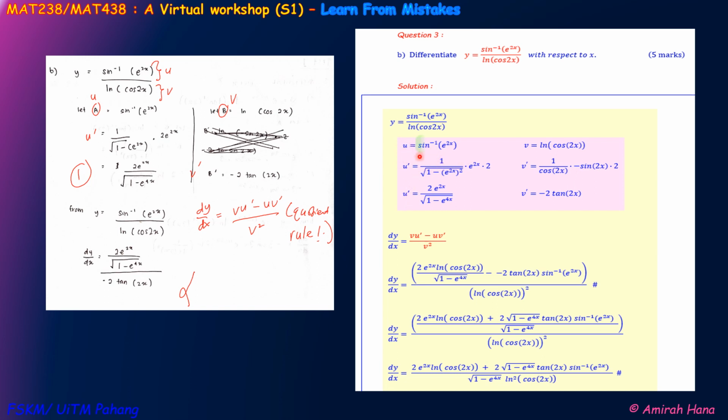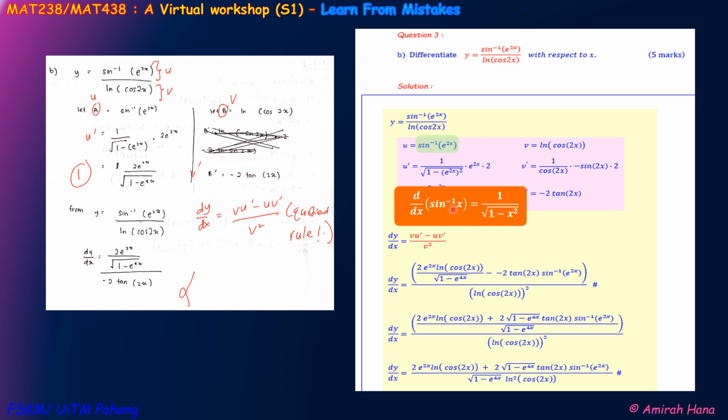Okay. U kita adalah inverse sine e to the power of 2x. Okay. How to differentiate inverse sine function? Okay, kita refer lah basic formula for derivative of inverse sine single x, equals to 1 over square root of 1 minus x squared.